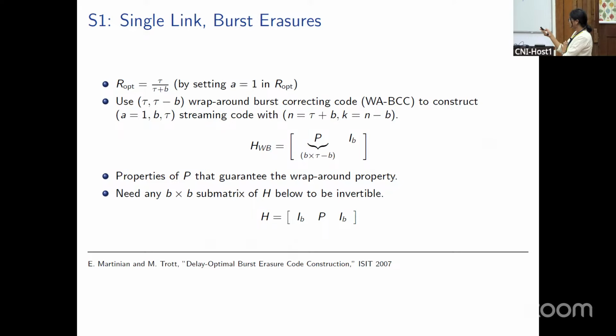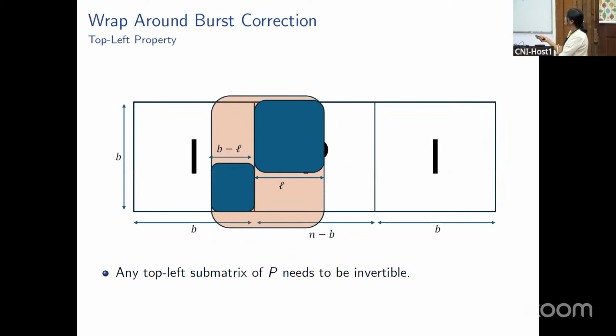Okay. So now any B cross B matrix should be invertible for the concatenated larger matrix. If we just stare at this particular burst scenario, we are seeing that the bottom part of the matrix that is participating here is an identity matrix, I_{B-L}, and the top part is a zero matrix.